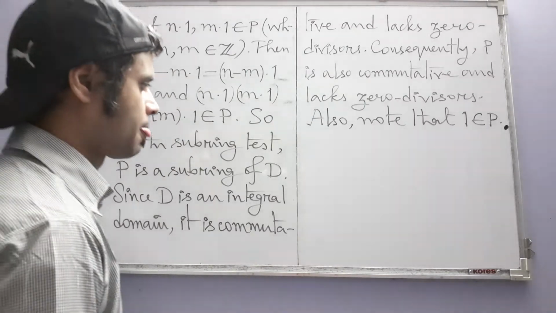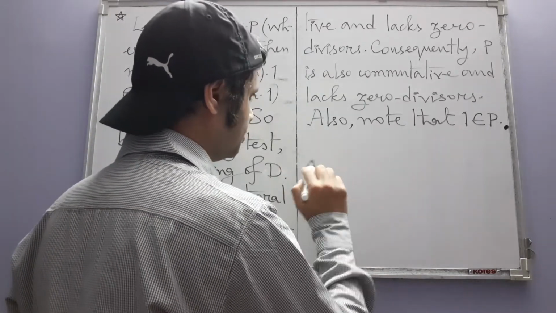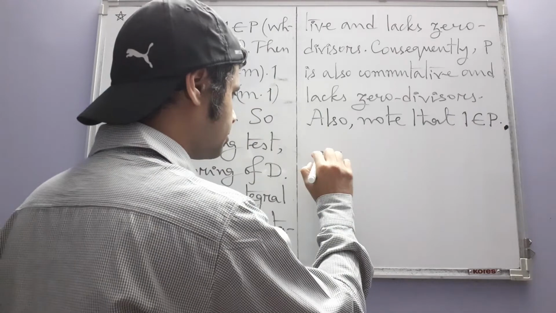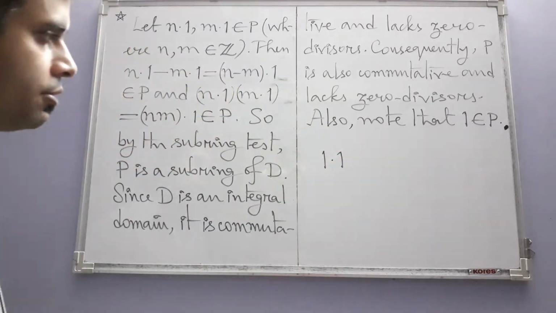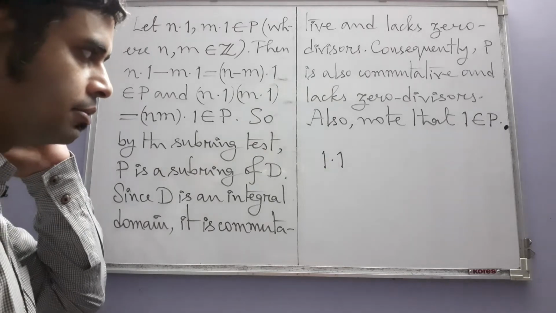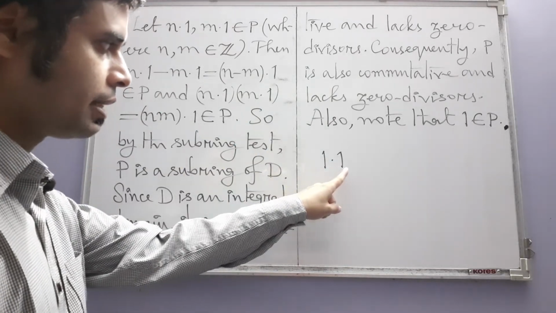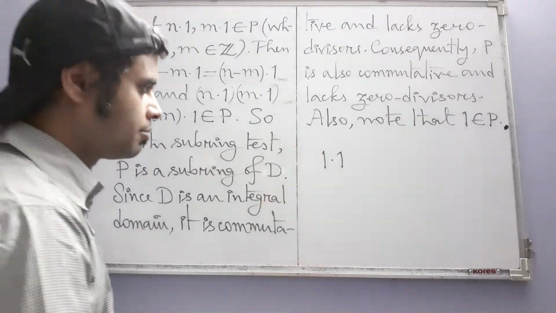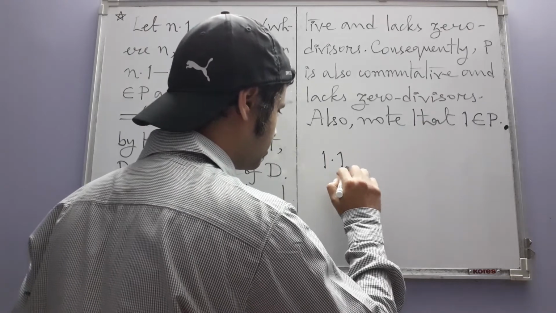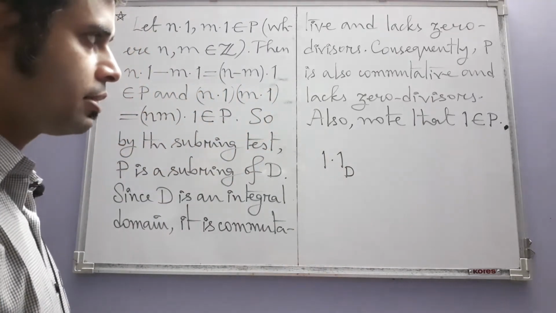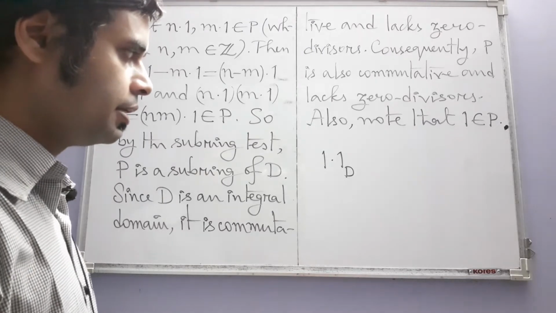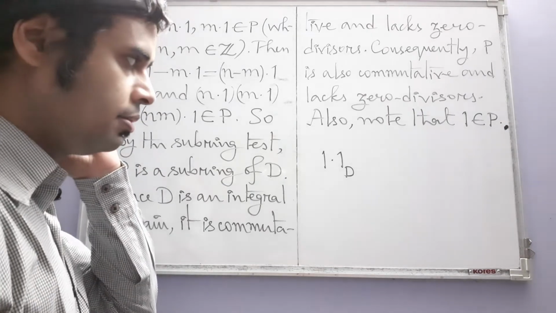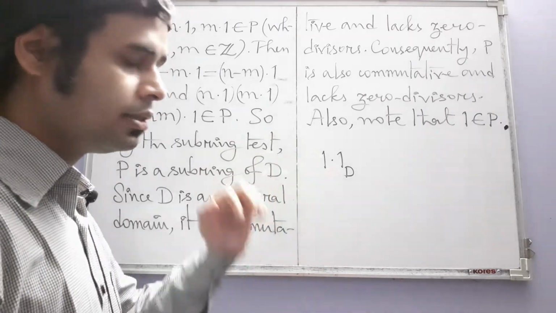How? You see, 1 belongs to P because this may look a little strange, but in this 1·1, you need to understand that this one is something and this one is something else. I think in this form it will look somewhat confusing, so let me just simply write 1 suffix D. What this 1_D represents is that it is the unity in the integral domain D, which may not be the actual integer 1.